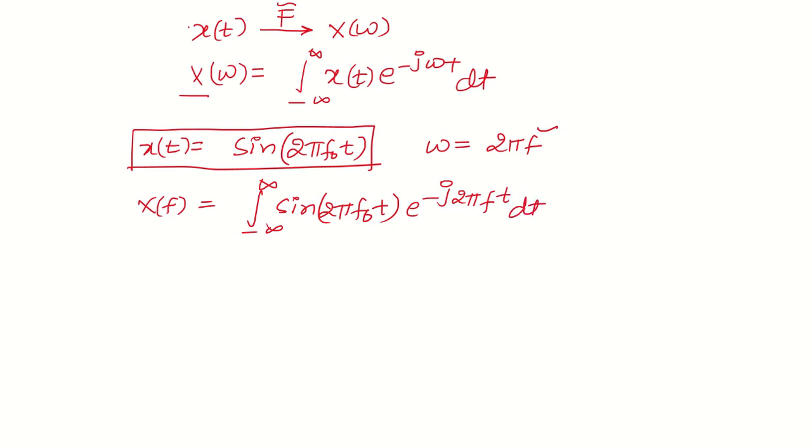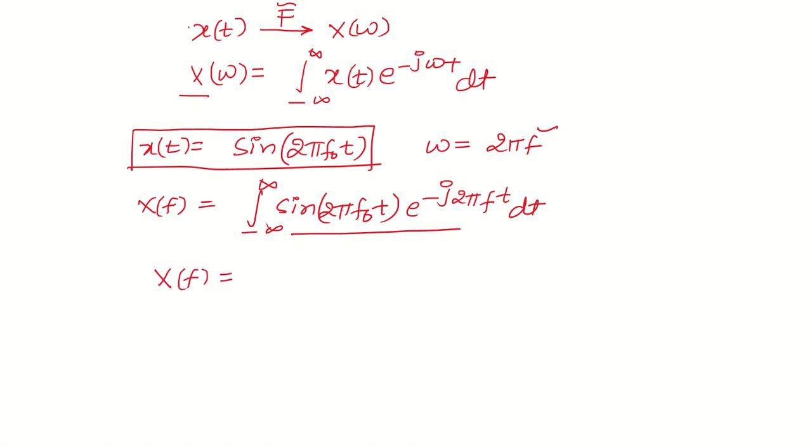Now we can use different properties like the time shifting property, and Euler's formula, to calculate the Fourier transform of sine 2 pi f naught t. I am not going into the detail of how to calculate this X of f. Rather, I am writing the expression for X of f here.